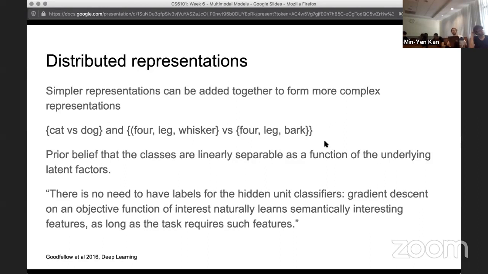What's also important in a representation is the idea of the representation being distributed. If you take a set of images and put them in groups and say this is a cat, this is a dog, this is a chair, this is a house, you're doing a mapping between images and text. But this is not useful, because if I show you an image of an animal, let's say an elephant, where do you put it?